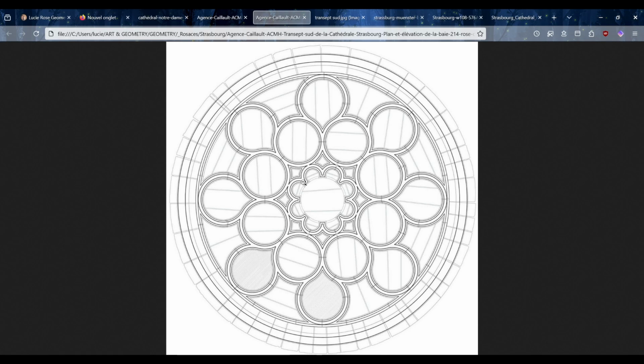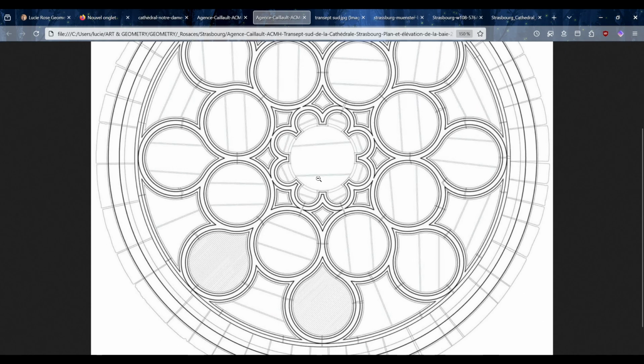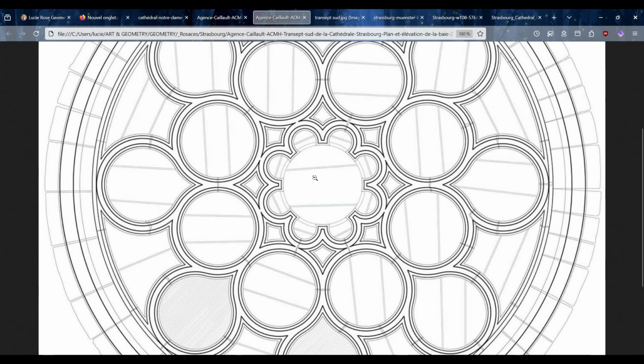So you see, this is a case where you're going to see how we place that central little 8-leaf motif, but it's a case where the grid is more important than the tangent.